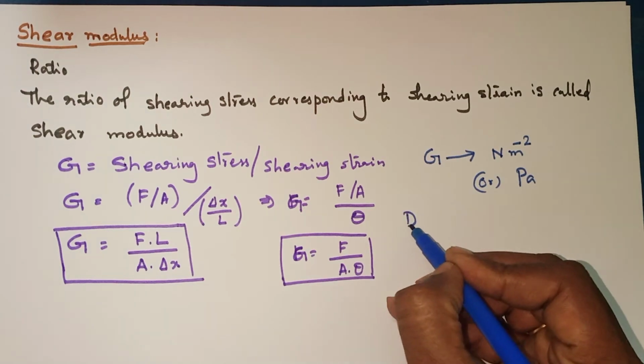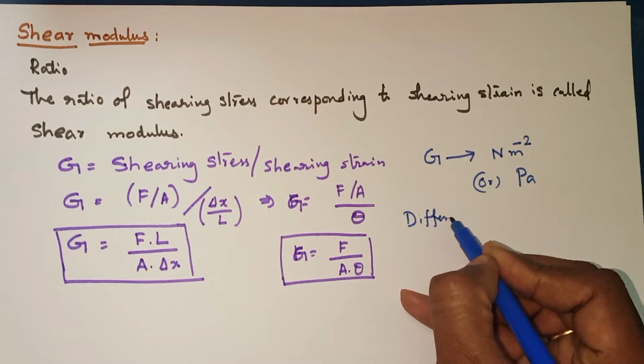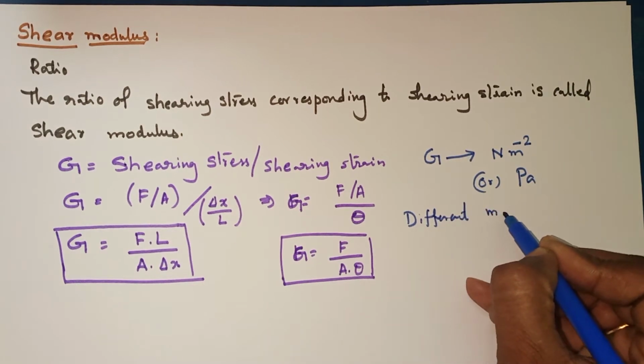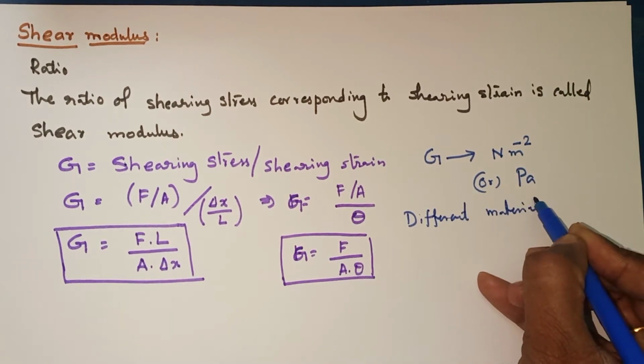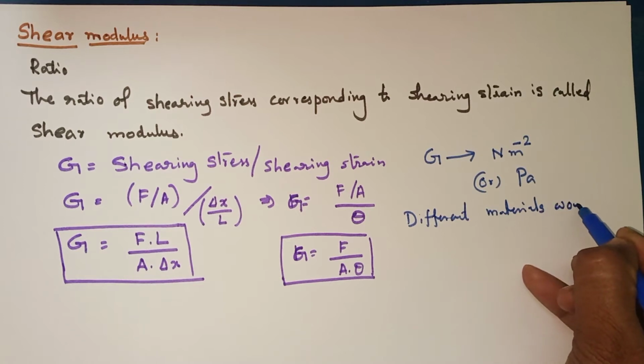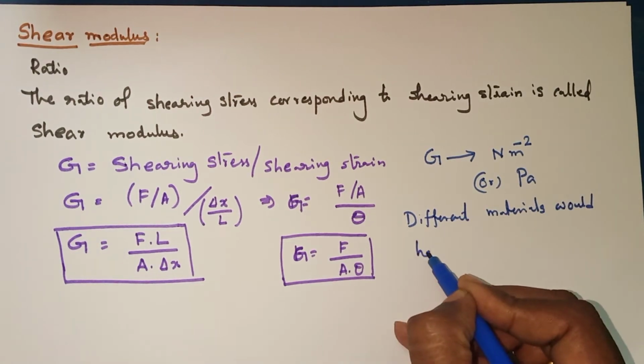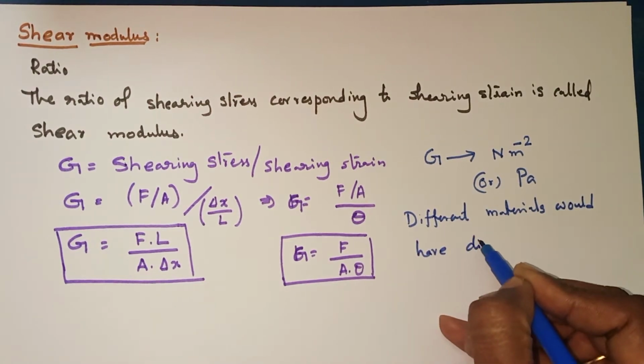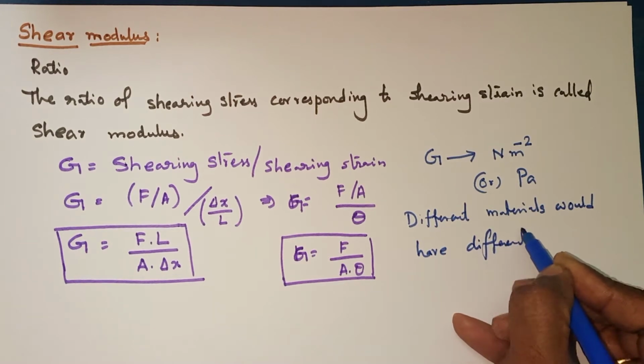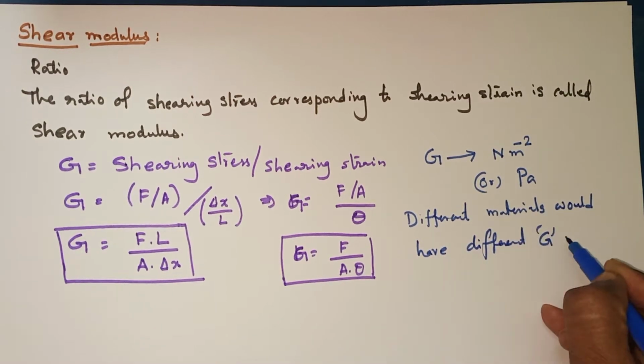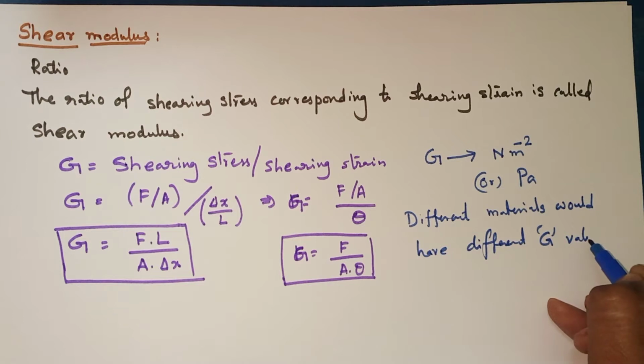So different materials would have different G values. What are the shear modulus values?